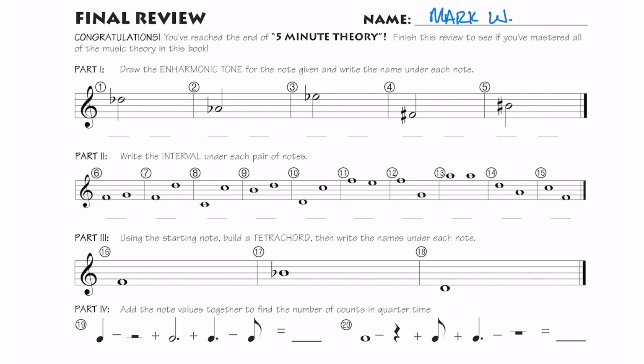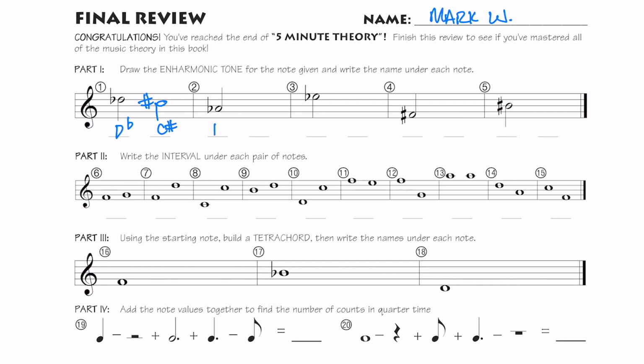So I'm going to draw the same note here. So this is a D flat. In your keyboard, in your head, because I don't have it listed on this page, what is the same note as a D flat? C sharp.